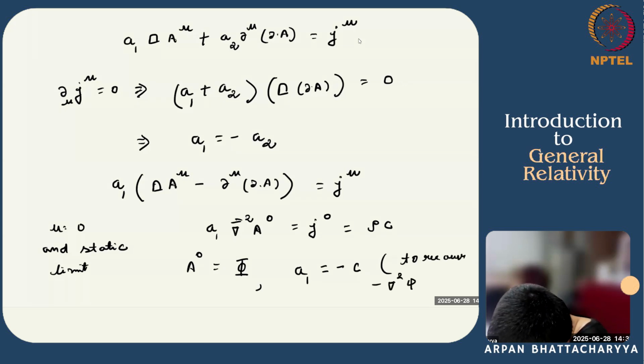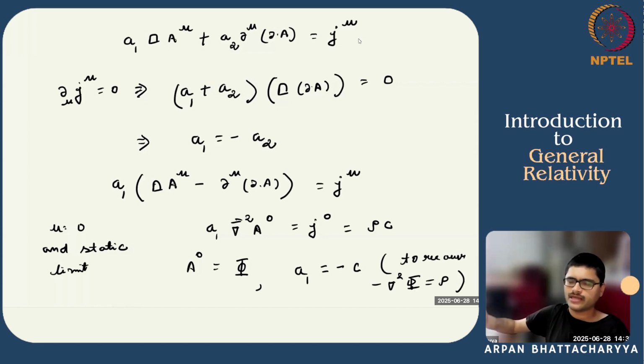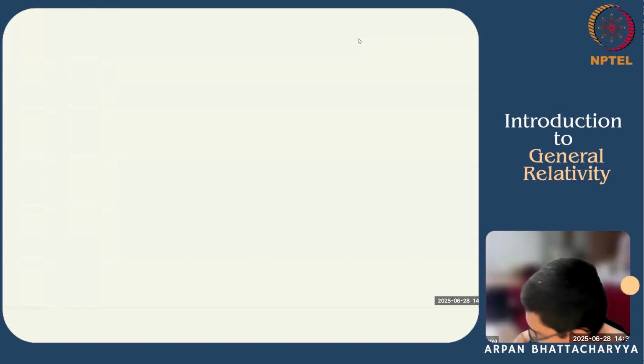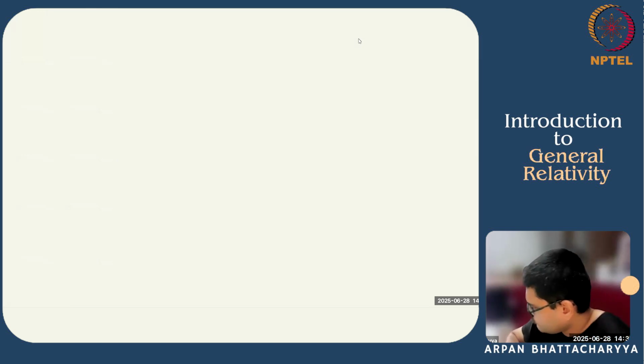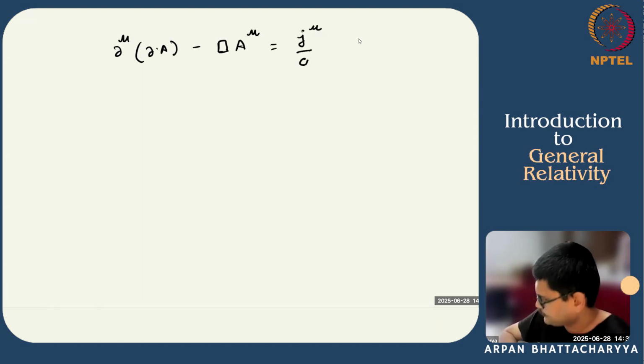That's always a consistency check. In the appropriate limit, from special relativity, you should get back your Newtonian physics. So now we have determined everything, and finally we have the following: del mu F mu nu equals J nu over c.